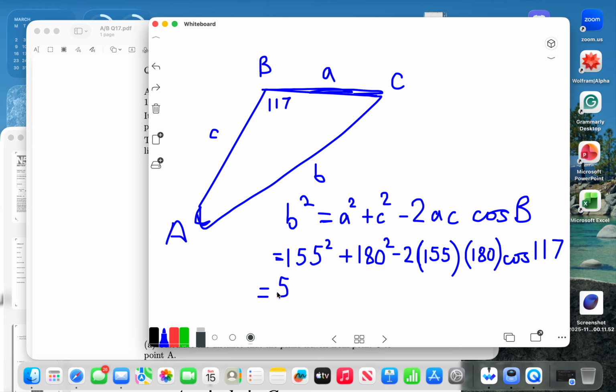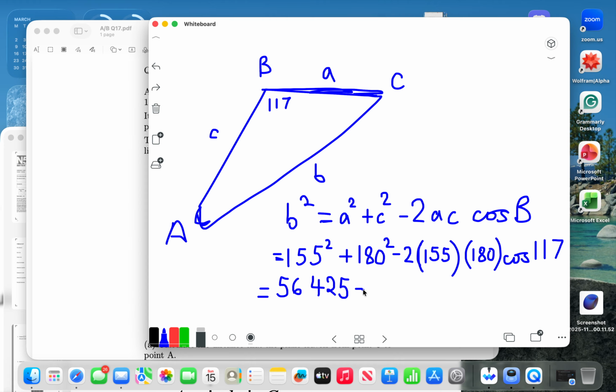So 155 squared plus 180 squared is 56,425. I should get a bloopers video by this point. Then we'll do 2 times 155 times 180 times the cosine of 117.